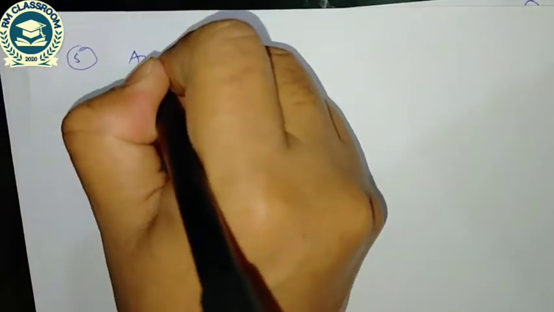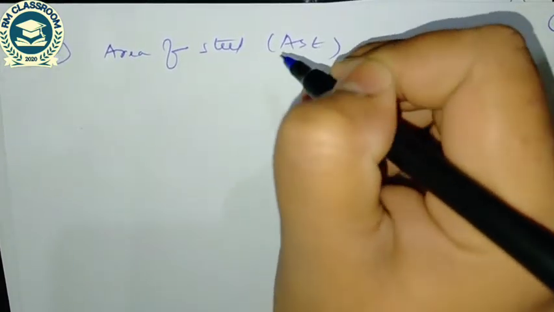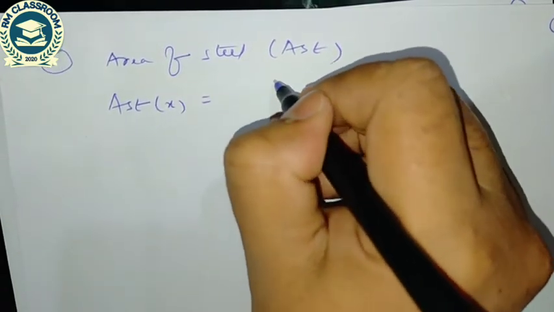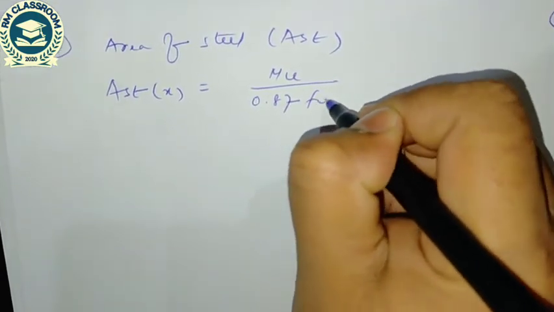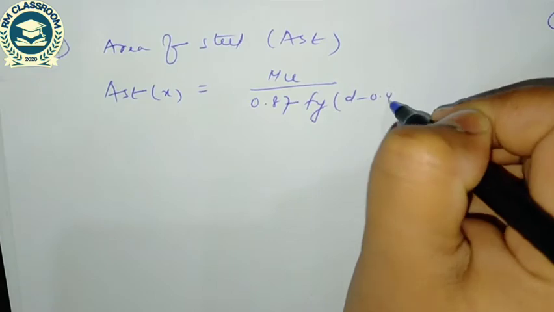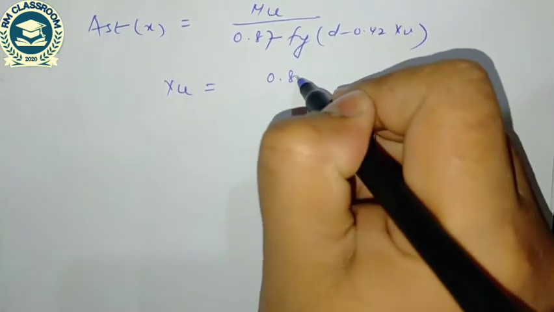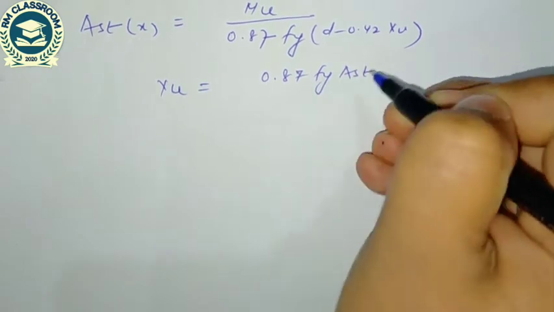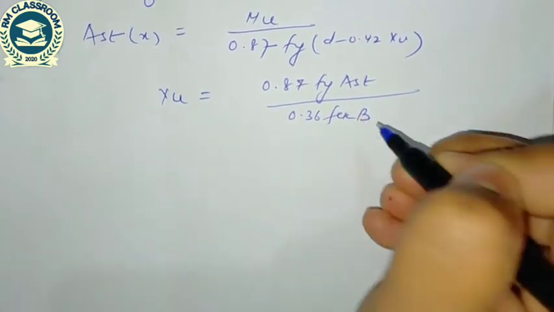So once we have computed the effective depth, after that area of steel Ast. So area of steel in x direction can be computed as Mu by 0.87 fy into d minus 0.42 xu, and xu can be replaced as 0.87 fy Ast divided by 0.36 fck b.